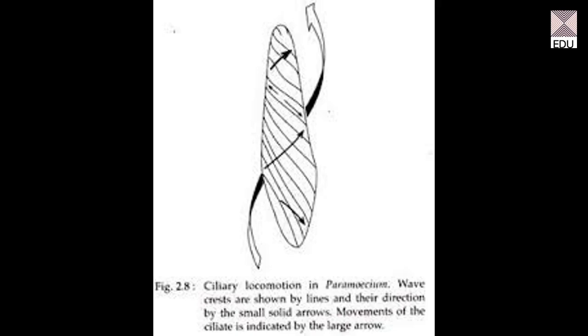The paramecium is not moving in a straight, direct path. It is not moving in a straight line. Actually, the locomotion in paramecium is an anti-clockwise spiral movement. As you can see in this diagram, it is moving anti-clockwise, that means towards the left side.